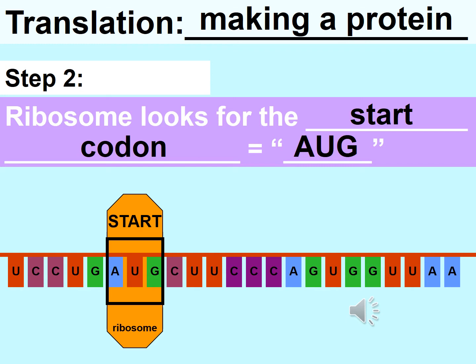So a ribosome starts doing its job when it gets to the mRNA sequence AUG. We call that the start codon. So AUG is known as the start codon for ribosomes, and that turns on the ribosome. The ribosome will start looking for that particular code in the mRNA after it leaves the nucleus.